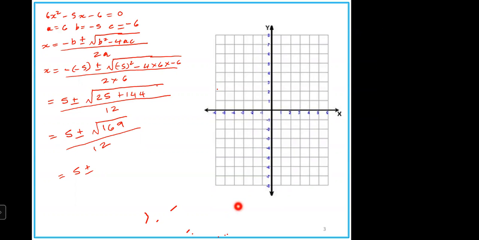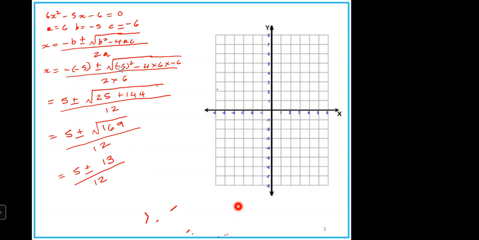So that's 5 plus or minus 13 over 12. I have a question, Miss Allen. The square root of, it changed from negative because... Where are you referring to now? Up here? Yeah, I see, you just have a positive 25.